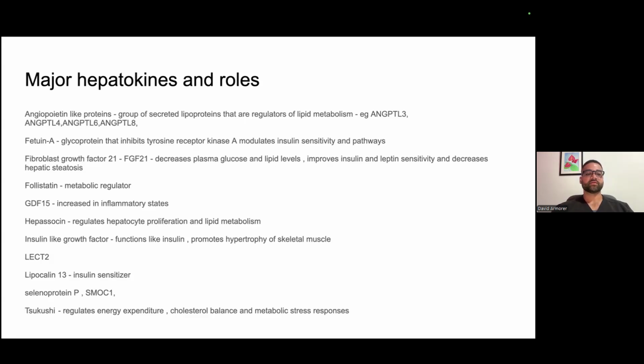You have insulin-like growth factor, which is very important, but it functions like insulin and it promotes hypertrophy of skeletal muscle. You have LECT2, lipocalin-13, which is an insulin sensitizer, selenoprotein P, SMOC1, and the last one found in this article was TSK, which would regulate energy expenditure, cholesterol balance, and metabolic stress responses.